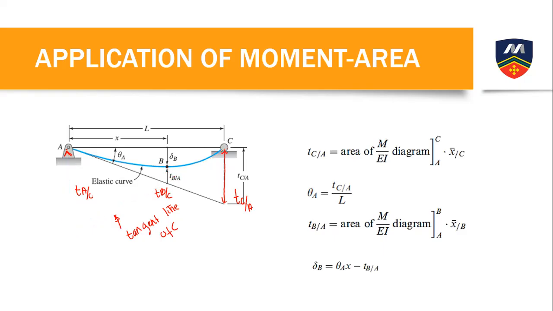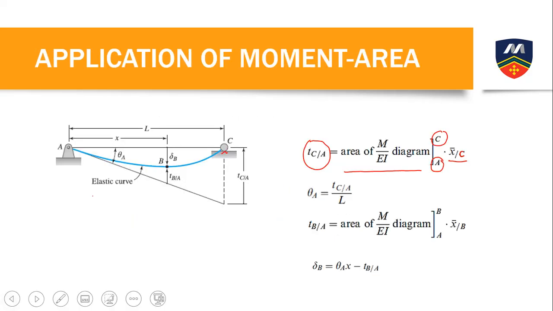Okay, let's go back. How to formulate an equation for the deviation of C relative to A? It is just the area of the moment diagram, take note, from A to C times the centroid from point C. Okay?